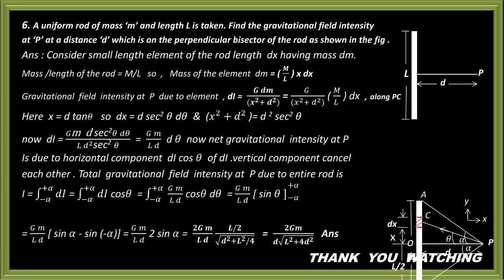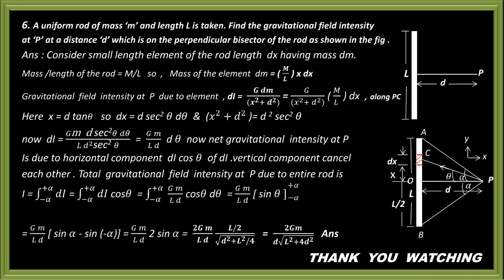A uniform rod of mass m and length L is taken. Find the gravitational field intensity at P at a distance d, which is on the perpendicular bisector of the rod as shown in the figure.